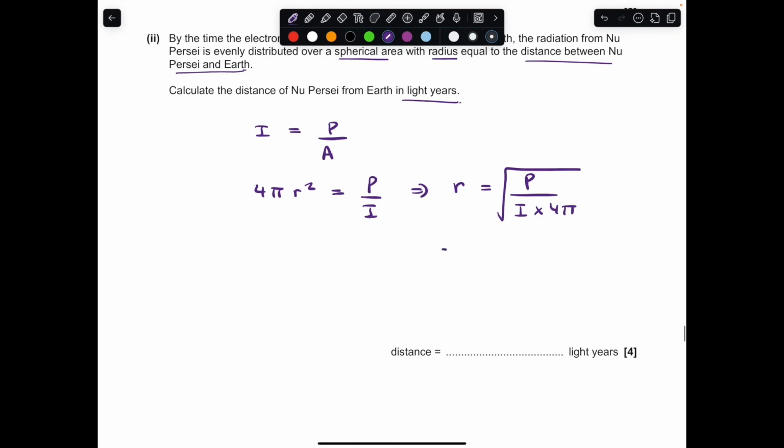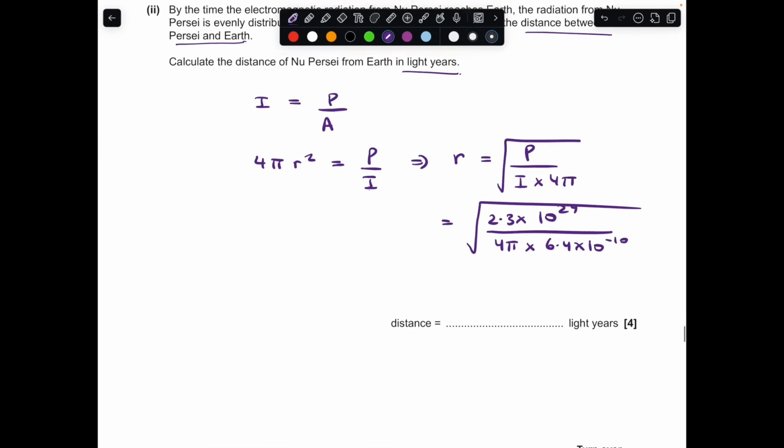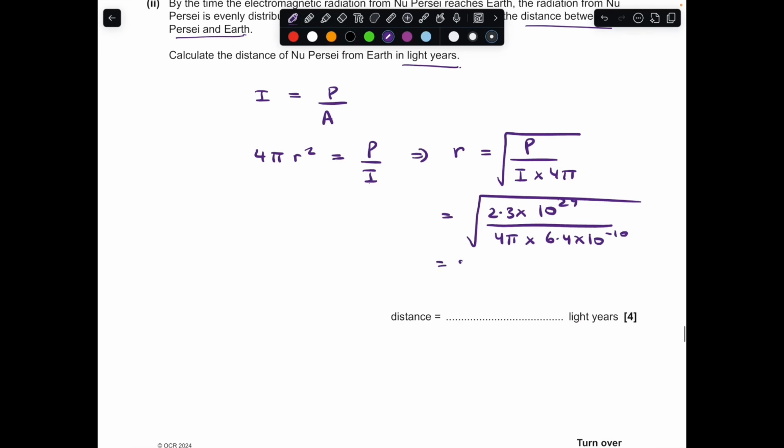And again, it's a relatively straightforward question where you just have to be careful which intensity to use. So 6.4 times 10 to the minus 10, all square rooted, and that gives me 5.36 times 10 to the 18 meters.